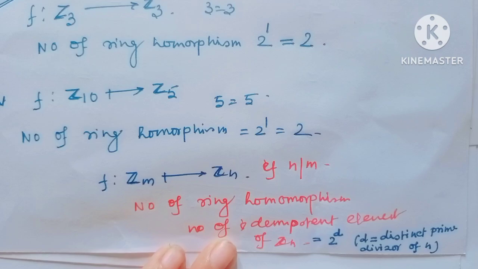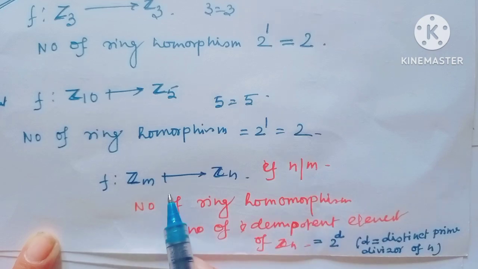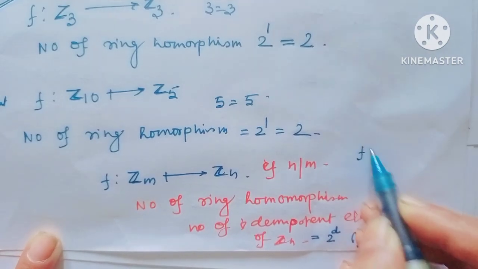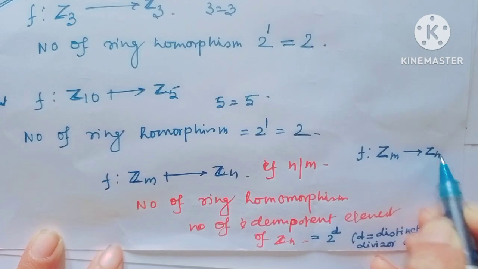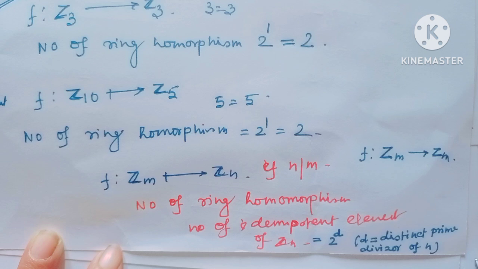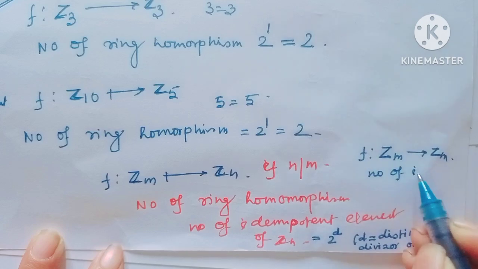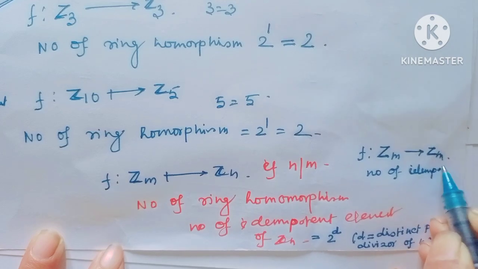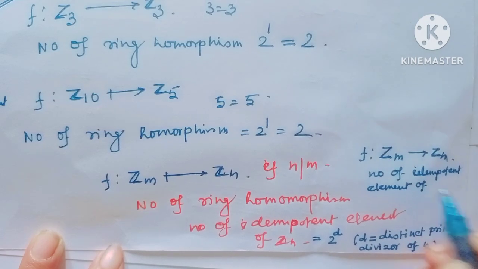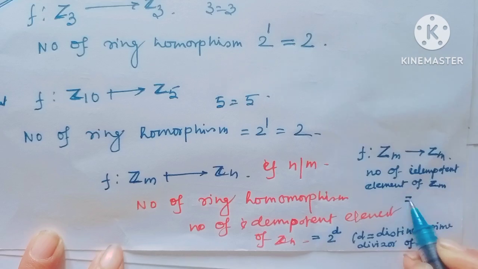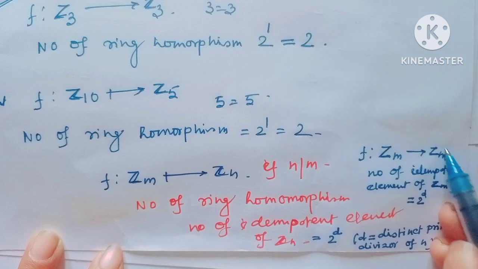I hope all my viewers have understood. And this rule is true when n divides m, or if f is a mapping from Zm to Zm, the number of ring homomorphisms is the number of idempotent elements of Zm, which is equal to 2 to the power d, where d is the number of prime divisors of m.